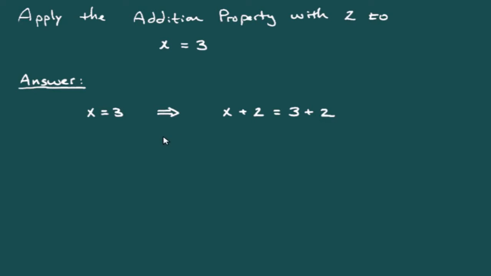When we do that, we can add those values together on the right-hand side. So 3 plus 2 is going to give us a value of 5. And so the addition property of equality gives us a final answer that x plus 2 is equal to 5. So if x is equal to 3, then x plus 2 is equal to 5.